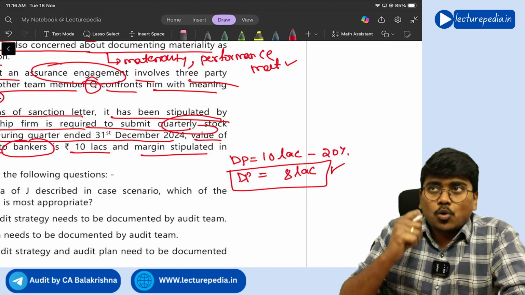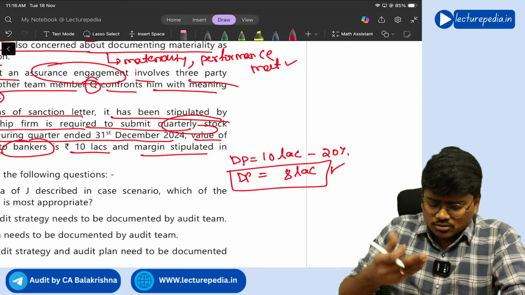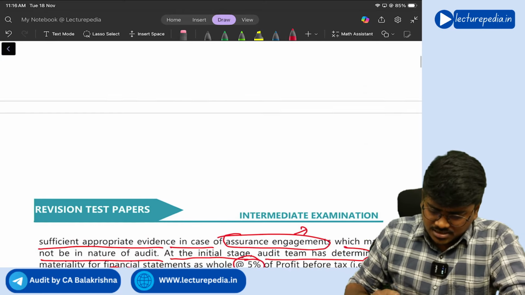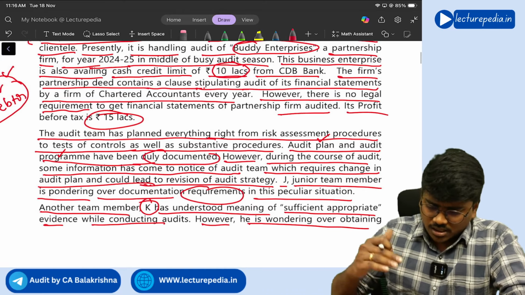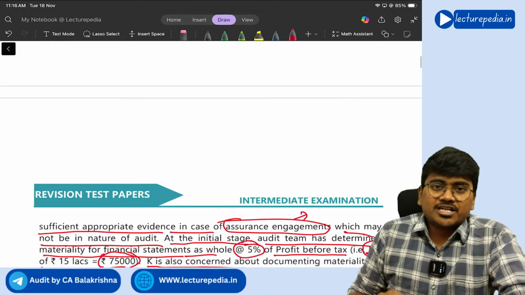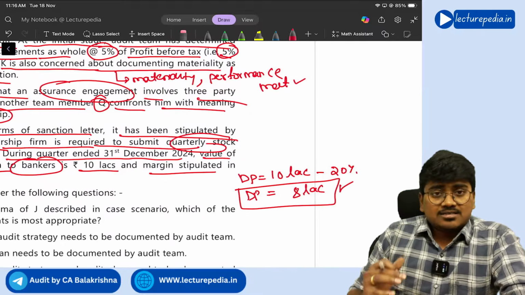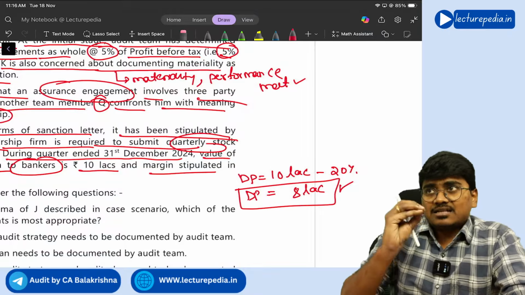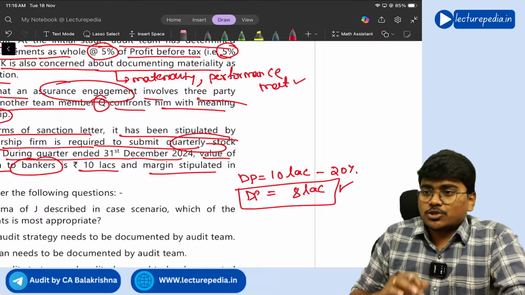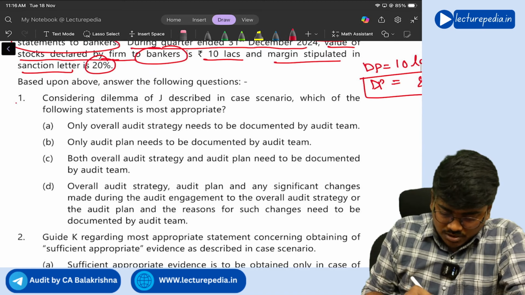So it can draw only up to 8 lakhs from the sanctioned limit of 10 lakhs. The sanctioned limit, I guess they haven't given in the question. Okay, whatever the sanction limit is 10 lakhs. So from the sanction limit of 10 lakhs, it can withdraw only up to 8 lakhs. Since the stock value is only 10 lakhs and reduced by margin, you will get only 8 lakhs. Got it? Yes. Now we will answer the MCQs.